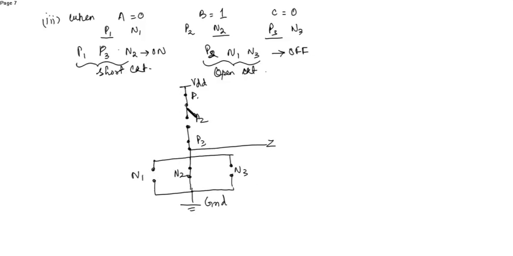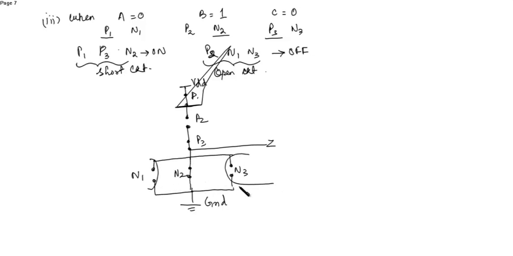Now in this case, P2 will block the flow of high voltage. In NMOS, N1 is open circuited and N3 is open circuited.